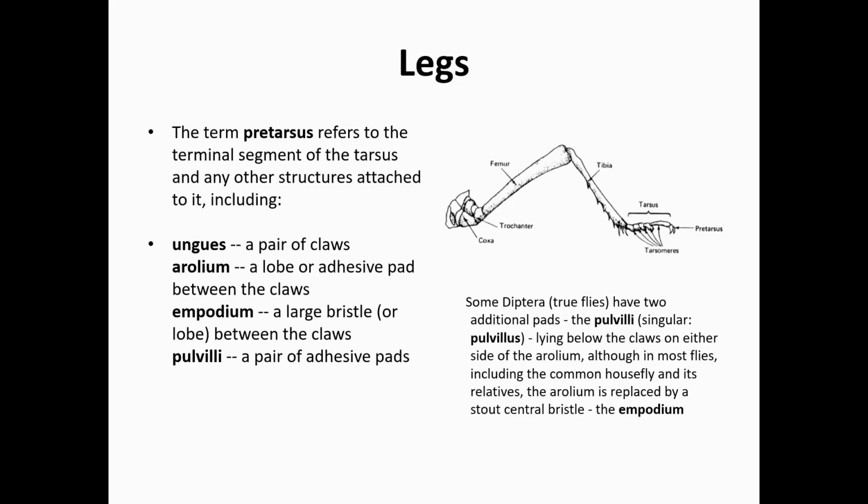And then empodium, a large bristle-like structure, or sometimes a lobe between the two claws. And also pulvilli, a pair of adhesive pads. So these are the structures seen on the pretarsus.